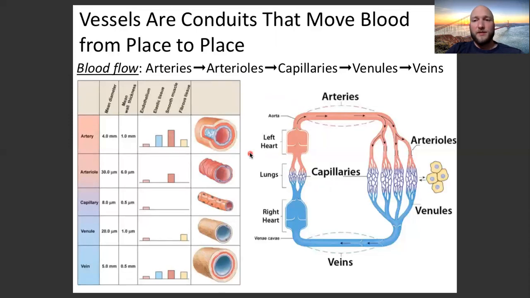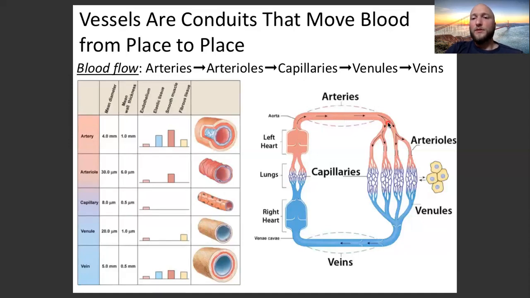There are differences in the structure, in the form of the different tubes in our circulatory system. Remember, circulatory system is the functional name of our cardiovascular system, more of an anatomical name. So you should know the general flow of our bloodstream. We have our left heart, which generates pressure and moves blood into our aorta and our arteries.